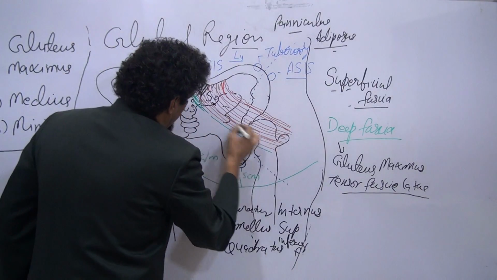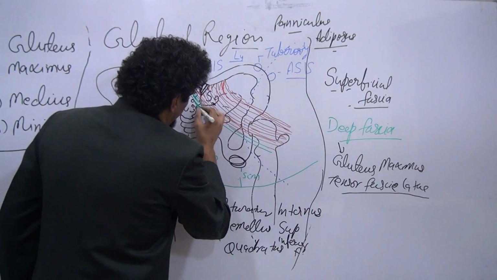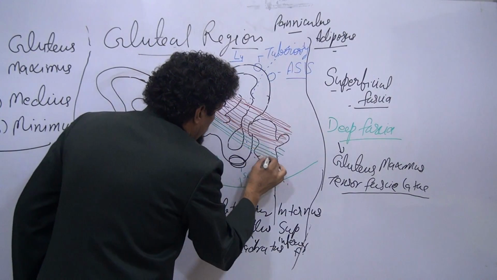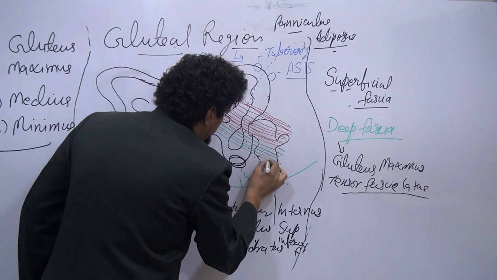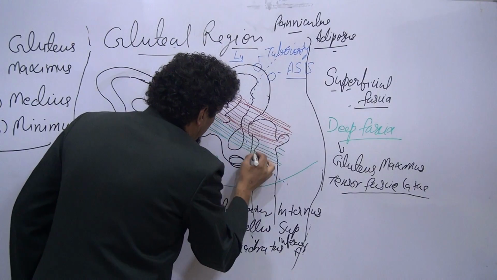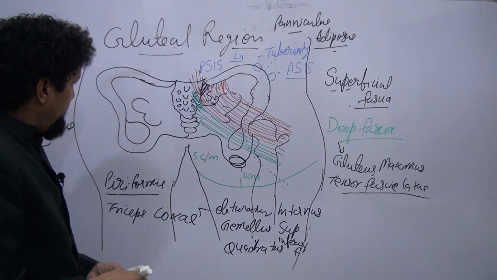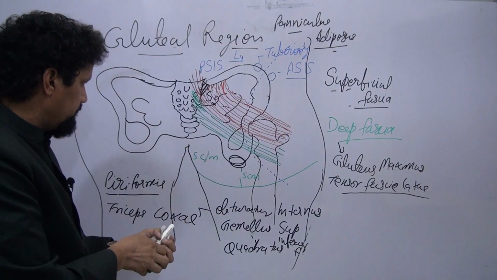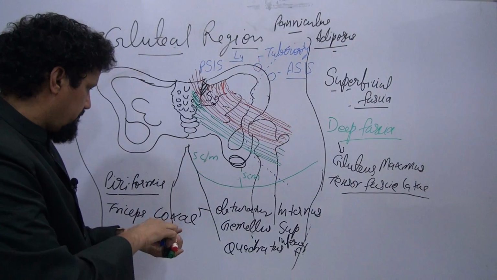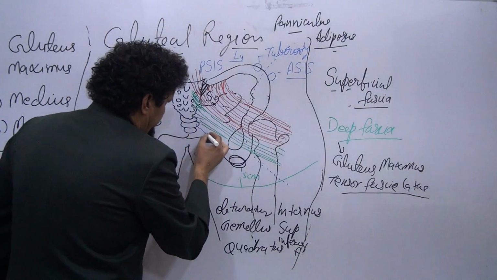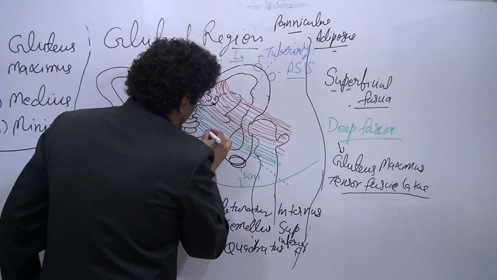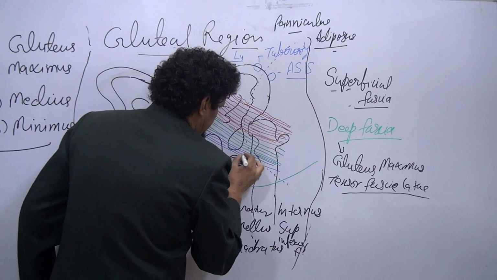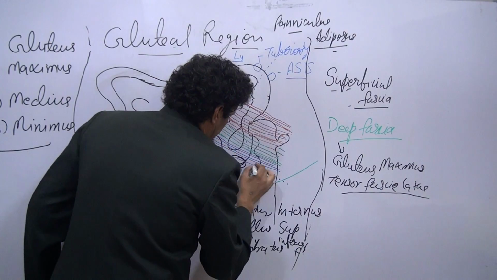So these are the fibers which are coming from the sacrum. The deep fibers are taking origin from the coccyx. These are the coccygeal fibers in the lower half, and the deep fibers are the fibers which are coming from the sacrum.